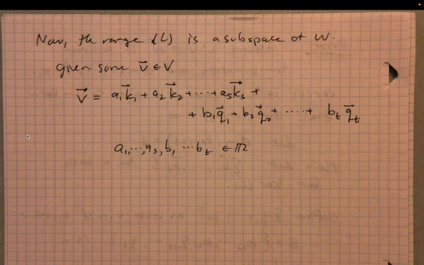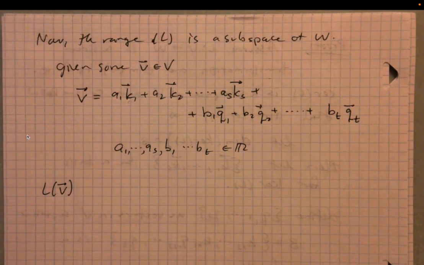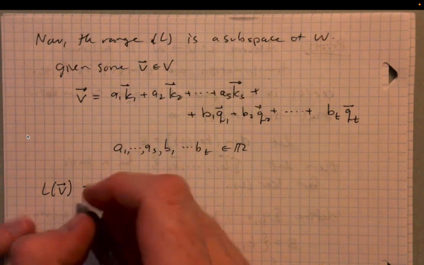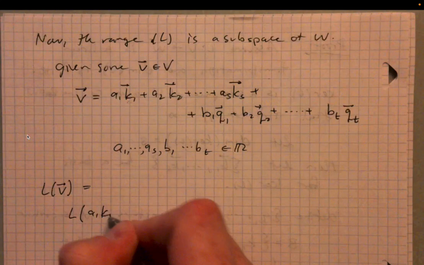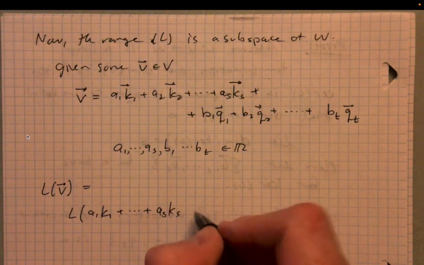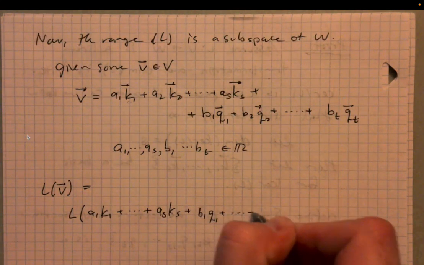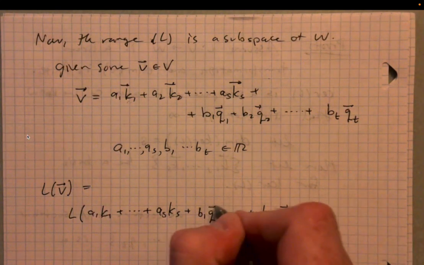Now all we're going to do is apply the linear transformation to this linear combination. If I plug V into the linear transformation, then I'm plugging in this linear combination. So that's just L of A1 K1 plus ... plus AS KS plus B1 Q1 plus ... plus BT QT. These are all vectors.